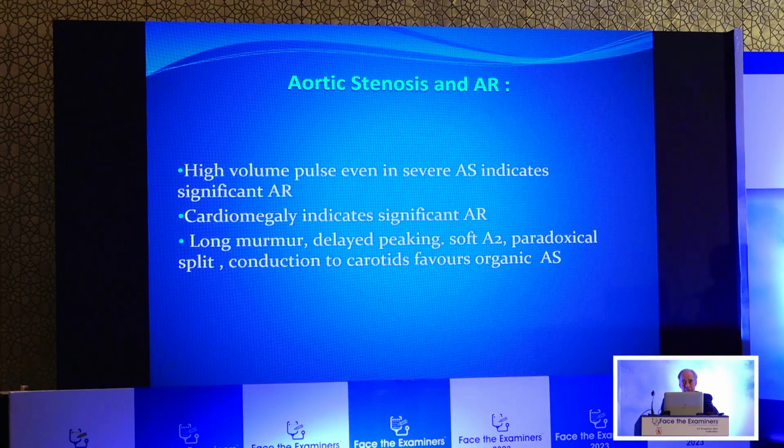The presence of a long murmur, delayed peaking murmur, soft aortic second sound, paradoxical split, conduction to carotids favor the presence of what is called an organic aortic stenosis in presence of aortic regurgitation. So these are the usual questions asked in the exam in these patients. The patient has got aortic regurgitation, also there is a systolic murmur. It will be asked whether this aortic stenosis is functional or organic. So there are small points that help to differentiate.